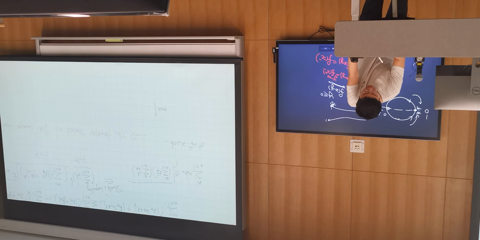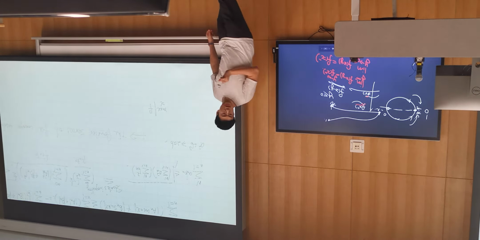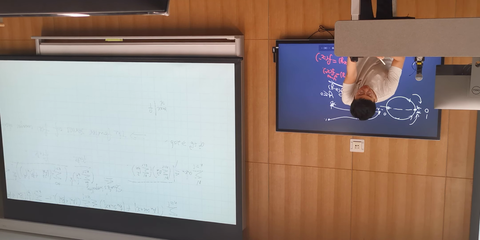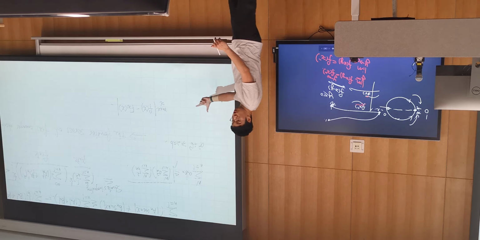So now the maximum for any x, because you see, our goal was to show that the upper bound of the difference between f(x) and f_n(x) should converge.